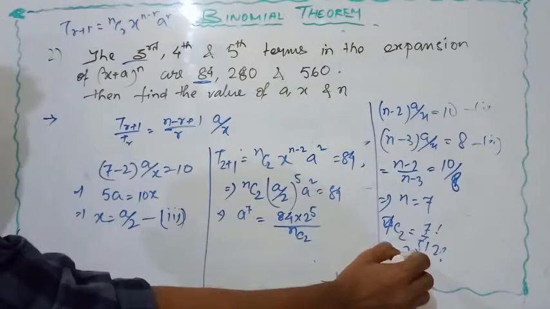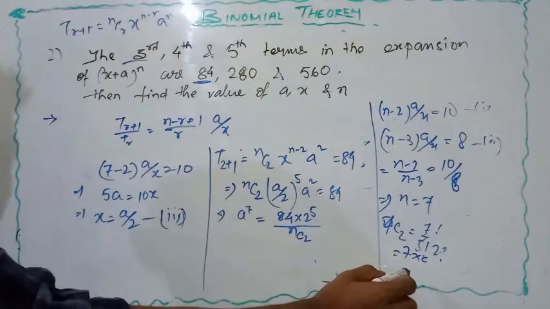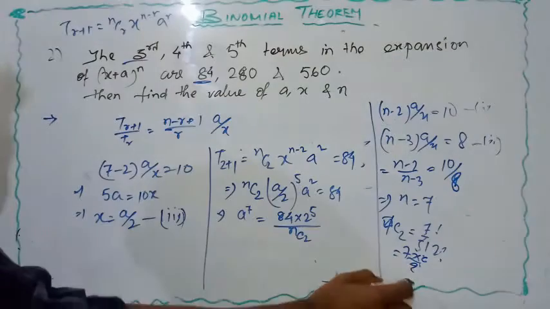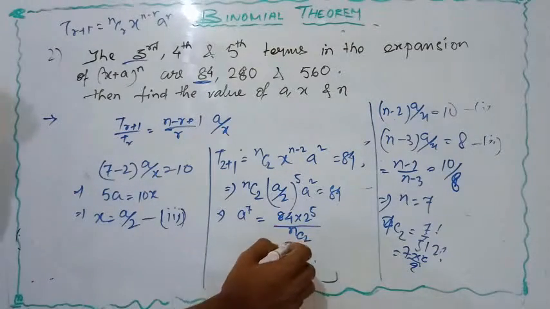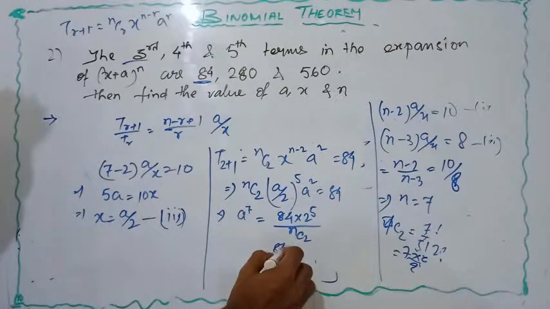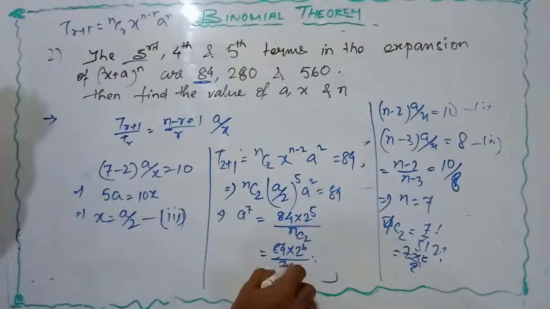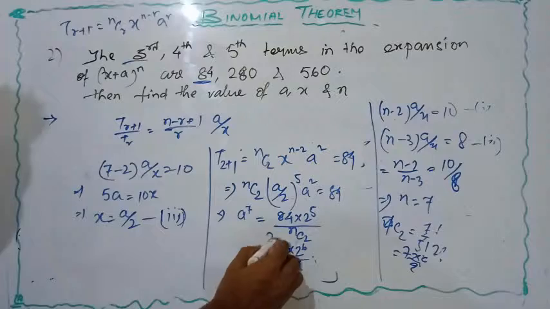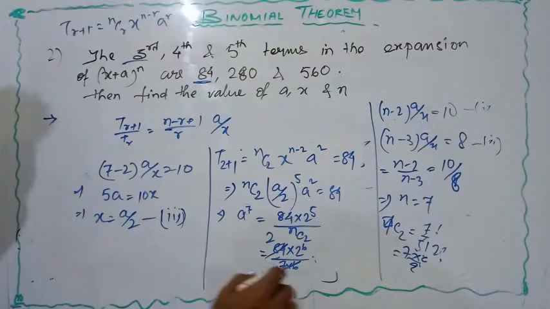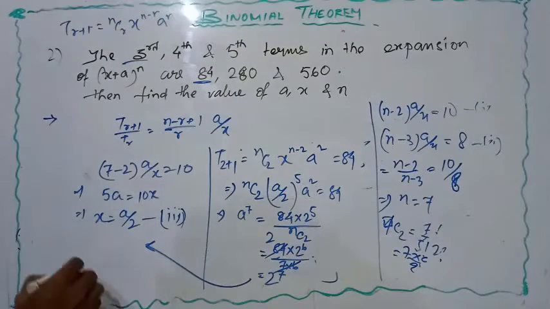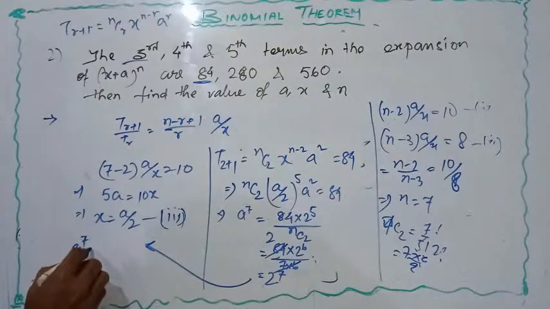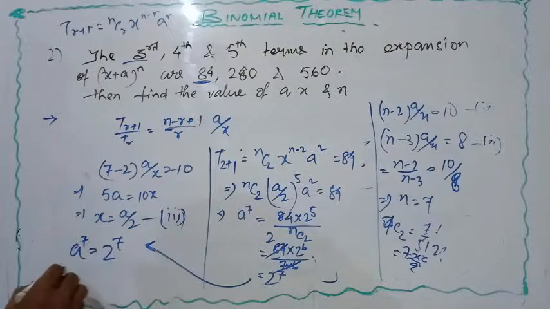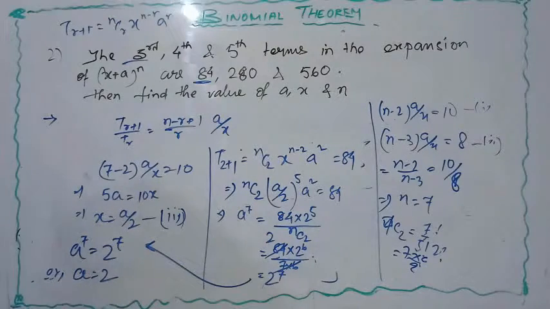That is 7 into 6 by 2, so we get 84 into 2 to the power 6 by 7 into 6, that is 2 to the power 7. So we are getting a to the power 7 is equal to 2 to the power 7, or a is equal to 2. So this is the final answer.